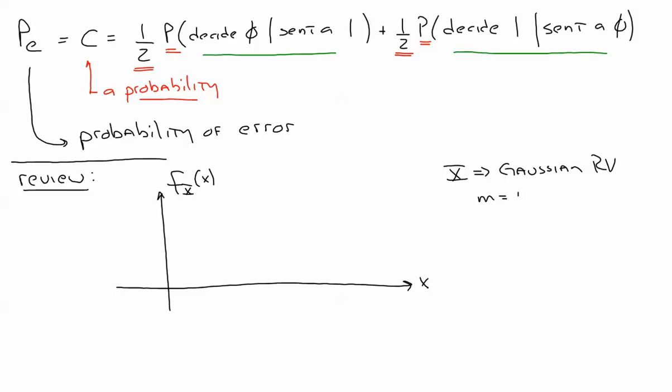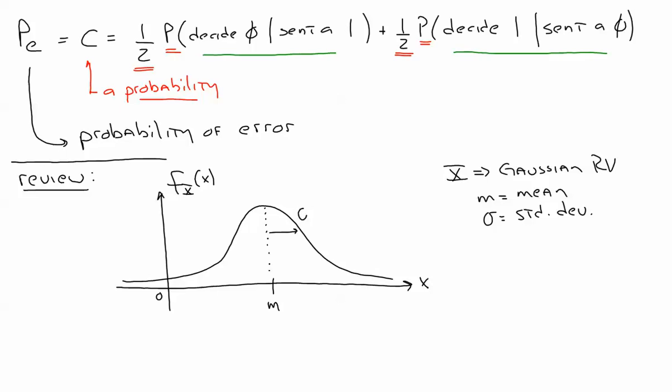M is the mean, and sigma is the standard deviation. And we'll assume that the probability density function for x looks something like this. There's the mean, and that represents the standard deviation.